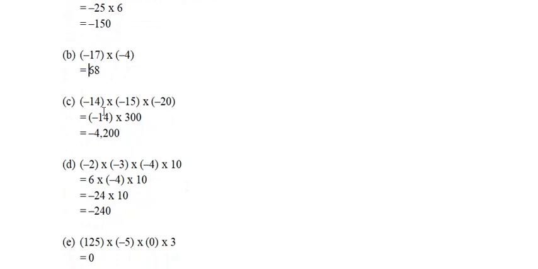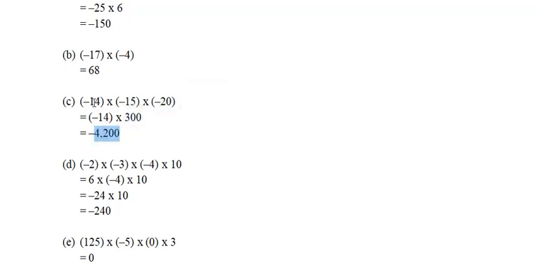The same process we will follow in question number C also. First you can check which multiplication will be useful for us. If you multiply 15 and 20, it will give us 300. Then if you multiply 14 into 3, you will get 4200.